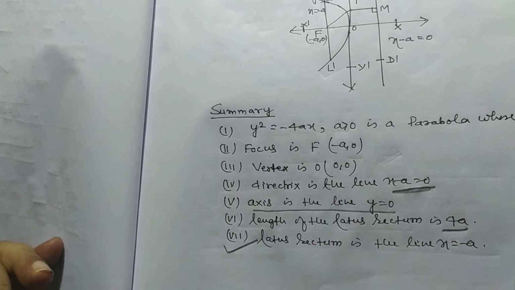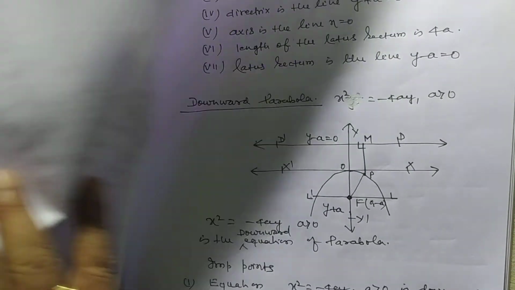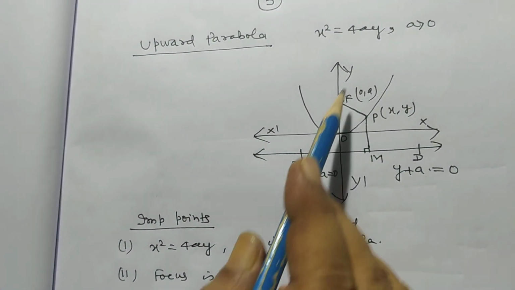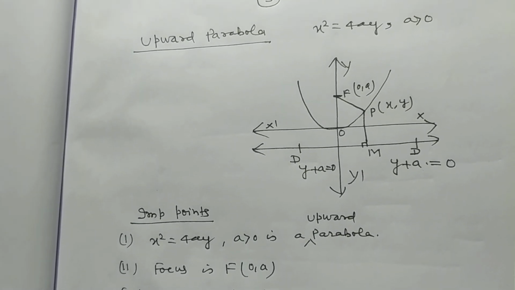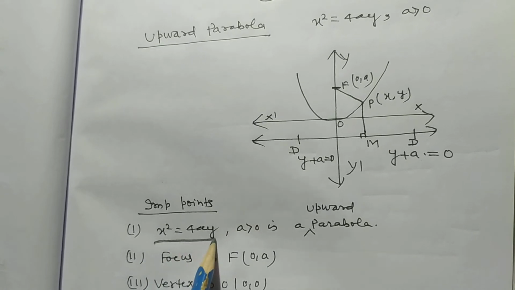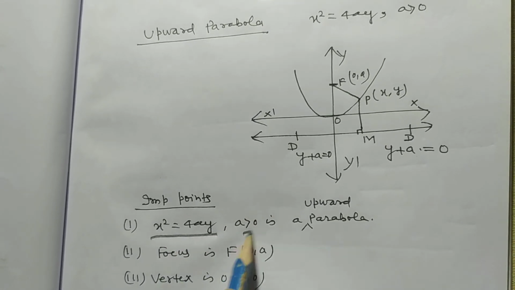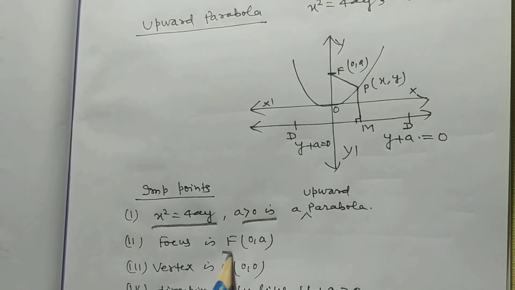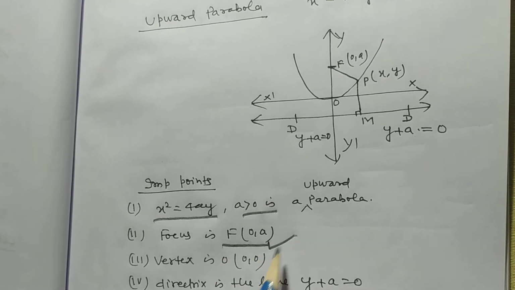Now, the upward parabola. This is the figure of the upward parabola. It is symmetrical about the y-axis, so the equation will be x square is equal to 4ay, a greater than 0. Focus is on the y-axis, so (0, a).